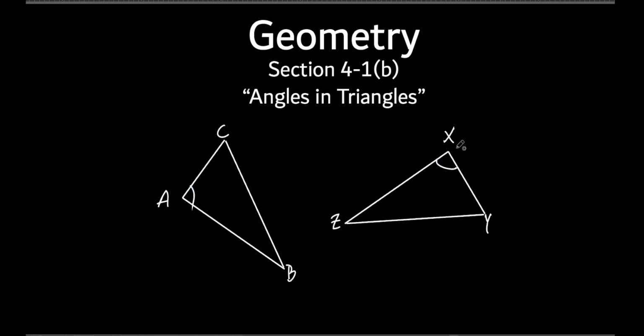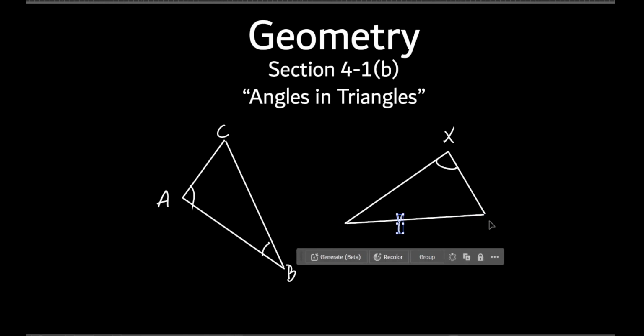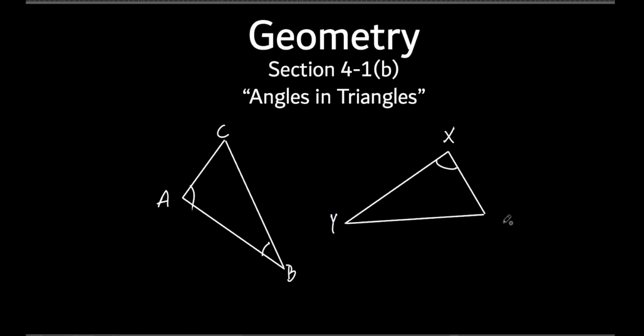Okay? And what if I told you that angle B... Oh, I think I did these in the wrong order. It doesn't really matter, to tell you the truth, but for what I'm trying to do, let's move that there. Let's call this one Z. All right. So let's say that angle B and angle Y were equal to each other.